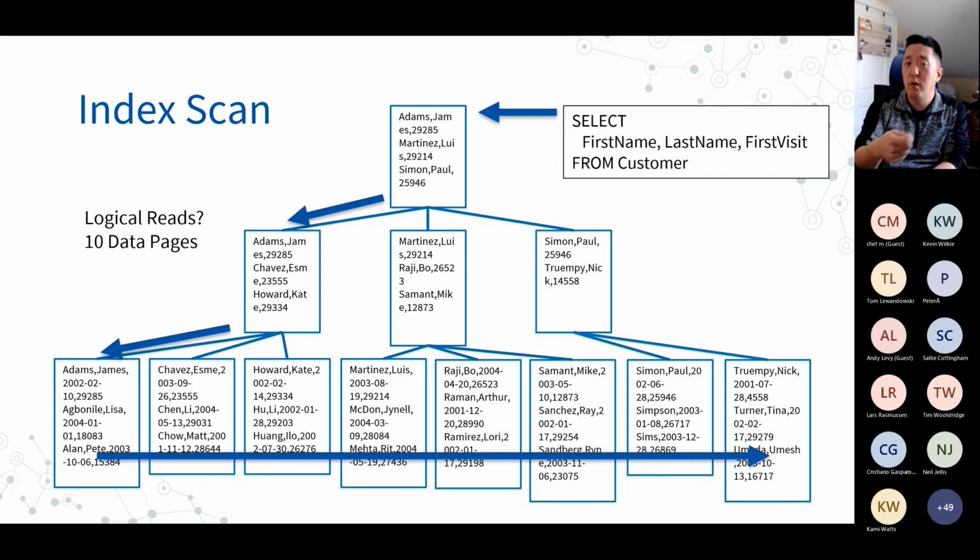And I forgot to mention, when we process one of these data pages, that is known as a logical read, okay? So in this case, we executed 10 logical reads, or we had to consume 10 data pages, including the root and that intermediate level to navigate on down, okay? So this index scan costs us 10 data pages, or 10 logical reads, is kind of how we say it.